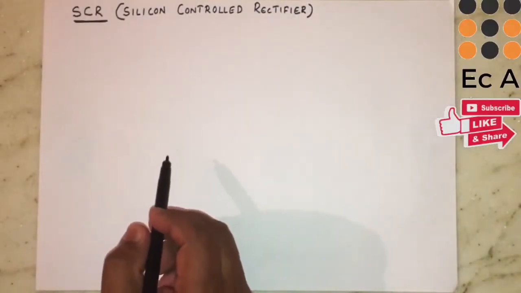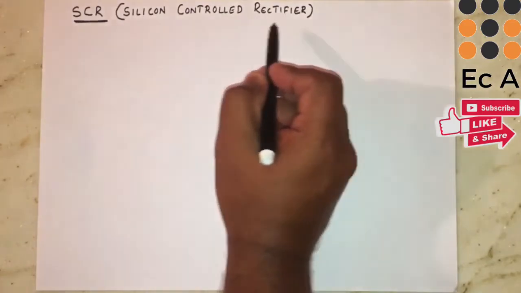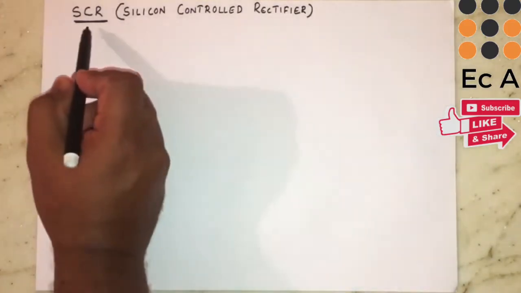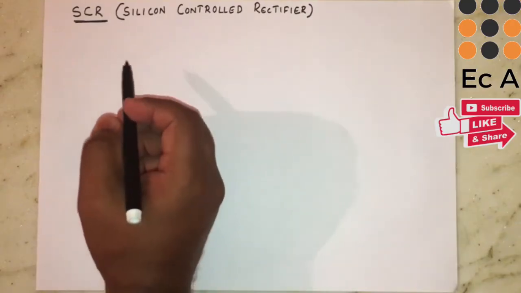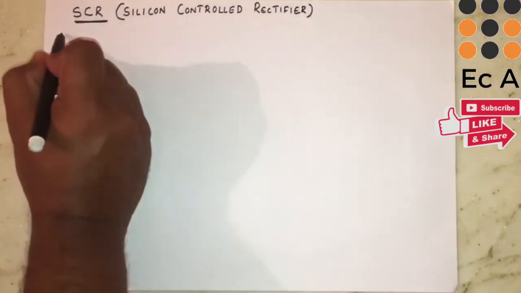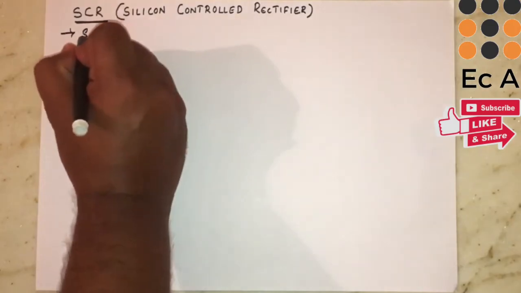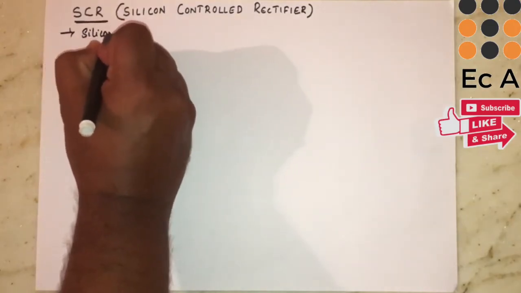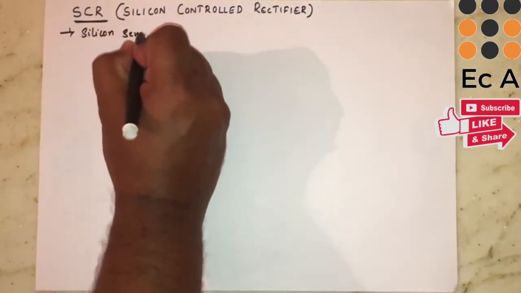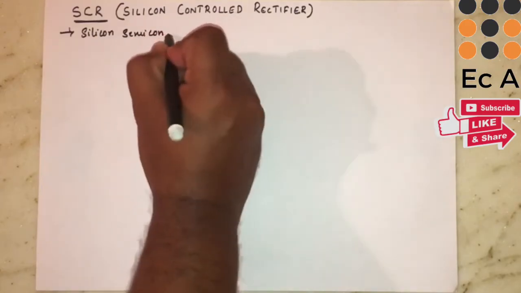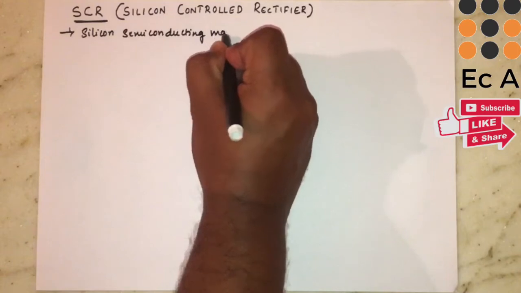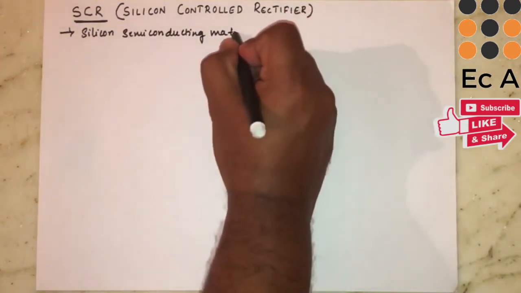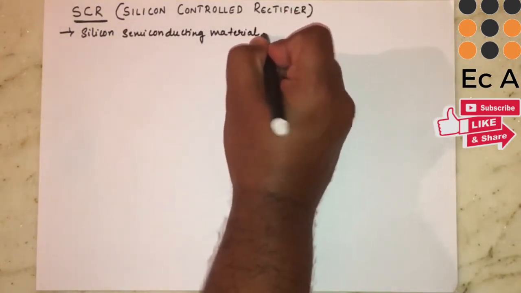In this lecture, we will understand silicon controlled rectifier, which is commonly known as SCR. Since it is made up of silicon semiconducting material, we have silicon in the name.